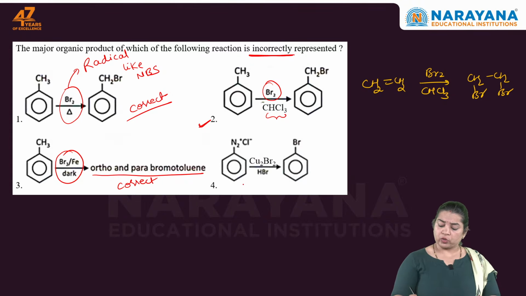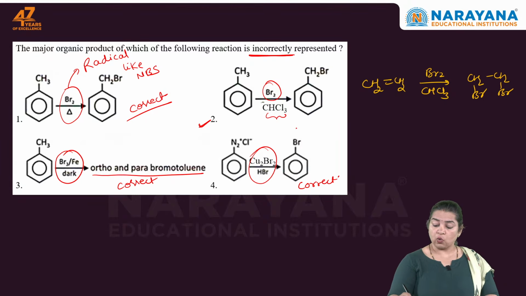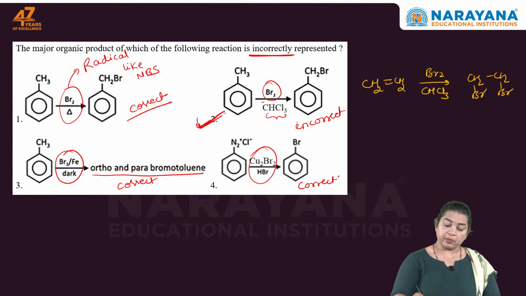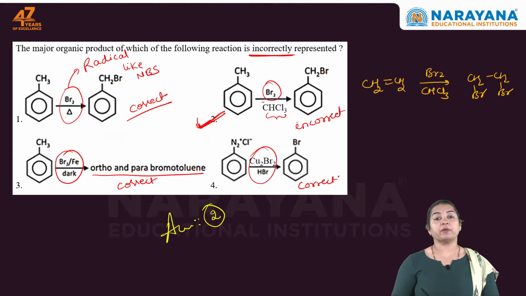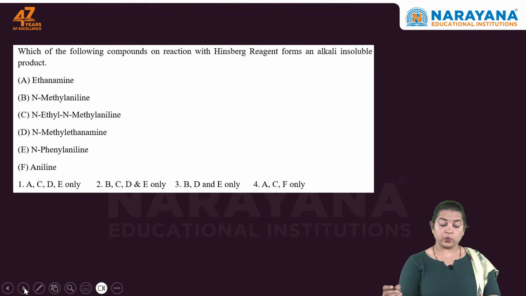Fourth, Sandmeyer, diazonium chloride, Cu2Br2 in HBr. This is again correctly given. So the only incorrect choice here is option number 2, and thus the answer for this question is 2. Okay. Moving to the next question.